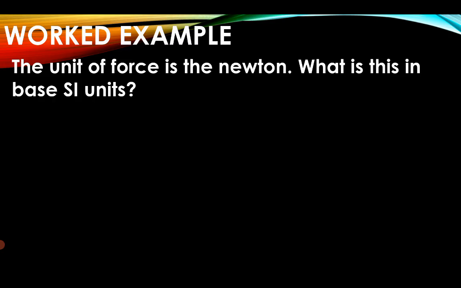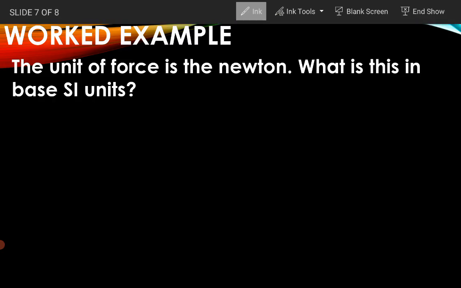That's what you learned from lower classes, that you can measure force using a Newton meter, or the spring balance in short. So the unit of force is the Newton. What is this in base units? This is a derived quantity. We want to express this in base units.